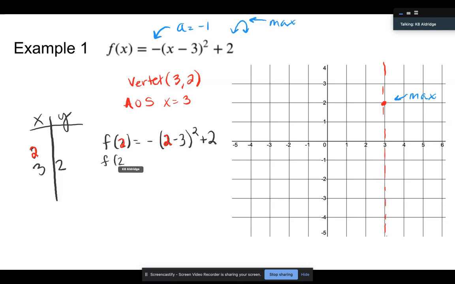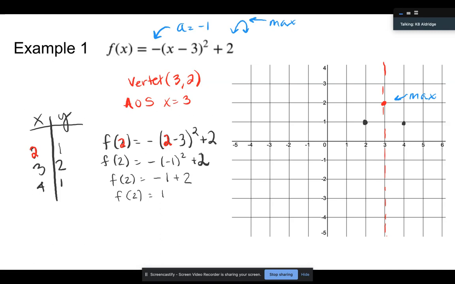So f of 2 equals negative, 2 minus 3 is negative 1, squared, plus 2. Negative 1 squared is 1, but we need to bring down the negative, so it's negative 1 plus 2. F of 2 is 1. So 2, 1. Whoa, if we know that, we also know we have 4, 1. Sweet. That's some really good information.